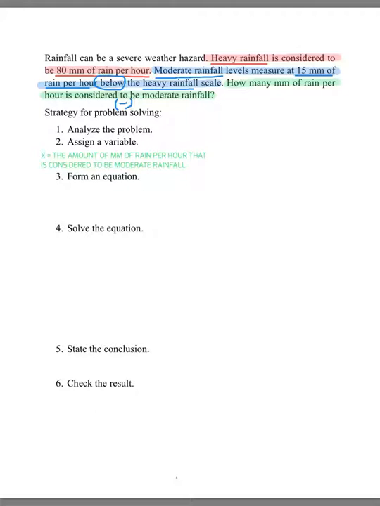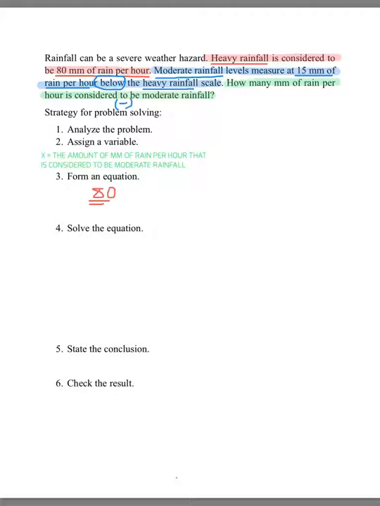So now let us go ahead and create an equation. Well, we'll start off with what we know. We know heavy rainfall is considered to be 80 millimeters of rain per hour. And now the second sentence tells us that moderate rainfall levels measure 15 millimeters of rain per hour below the heavy rainfall scale. Well, 80 is the heavy rainfall scale.